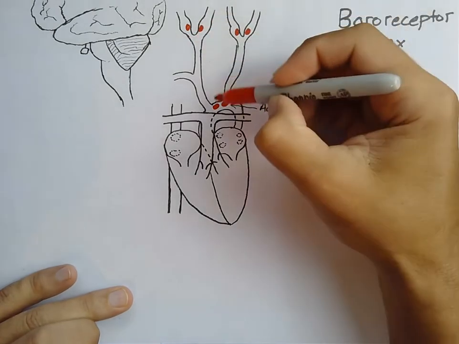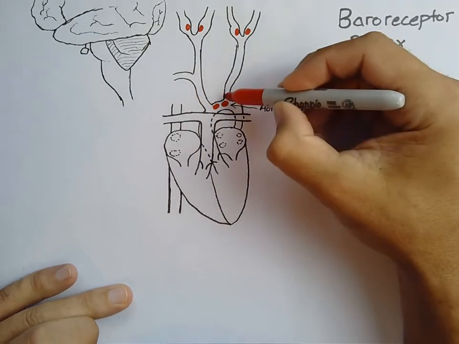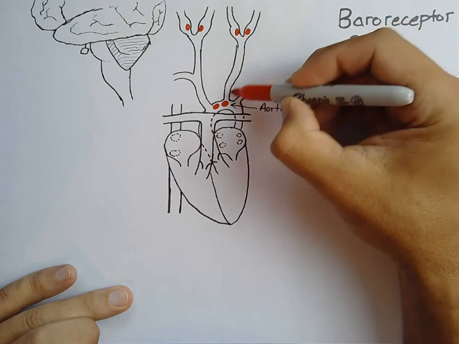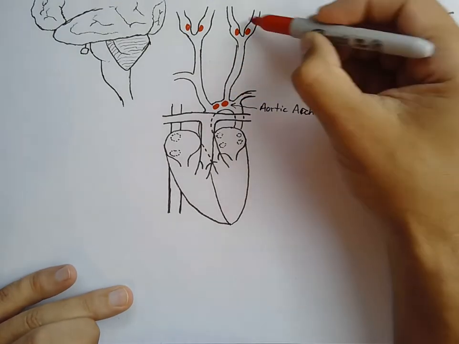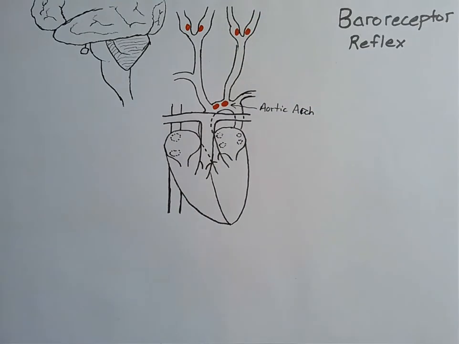On the left-hand side, we don't have this fused portion of the brachiocephalic trunk. Rather, coming off the aortic arch, we simply have the left common carotid artery. And up here at the branch between the internal and external carotid arteries, we're going to have these baroreceptors.